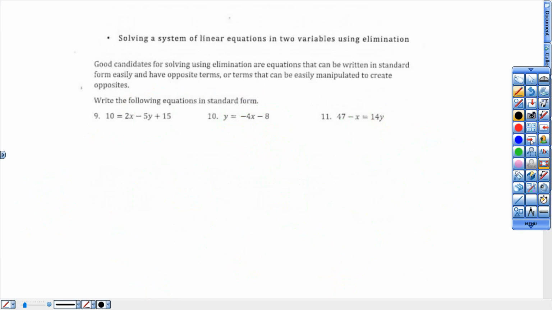This one we're going to solve doing elimination, but what they want you to do is get it in standard form first. Everything x and y together and all the plain numbers by itself. So for this one, I could subtract 15 on both sides, and that gives me negative 5 equals 2x minus 5y.